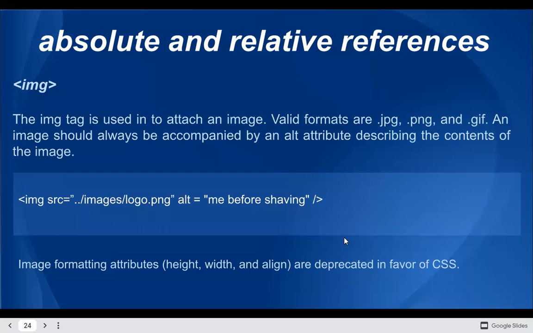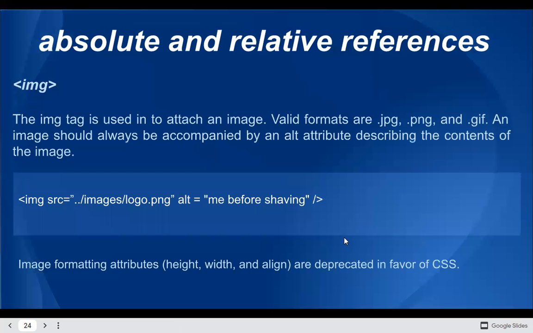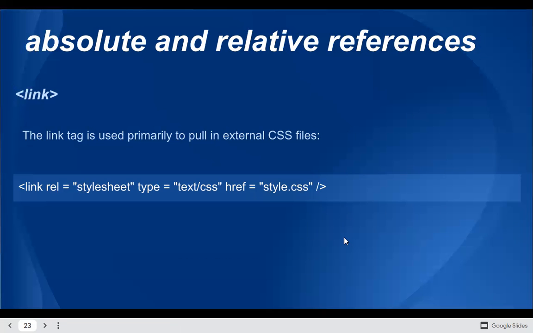When we use an image, valid formats are JPG, PNG, and GIF, and the image can be aligned or sized with the help of CSS. So this is the example of absolute and relative references.